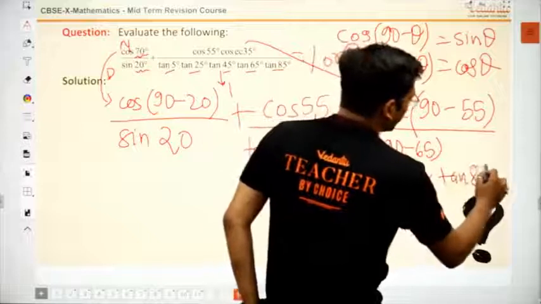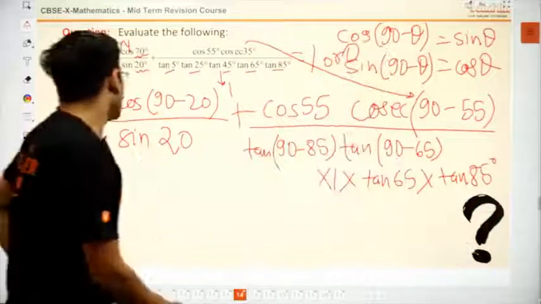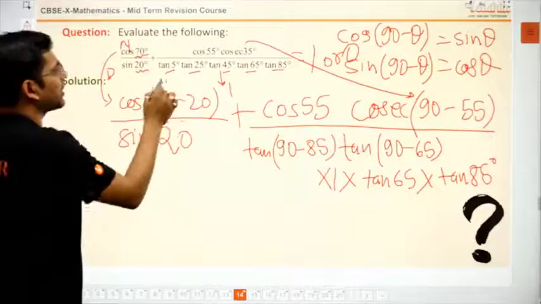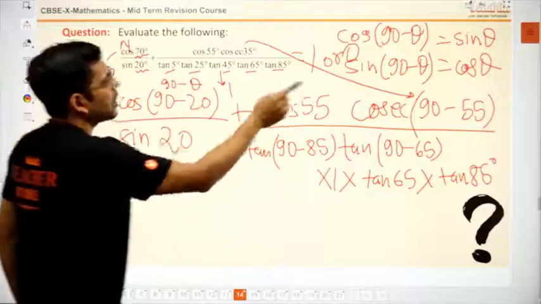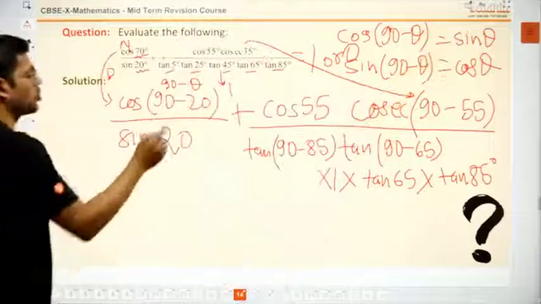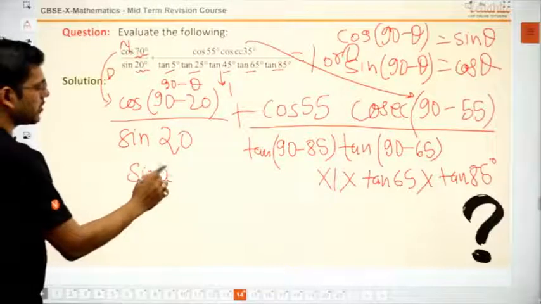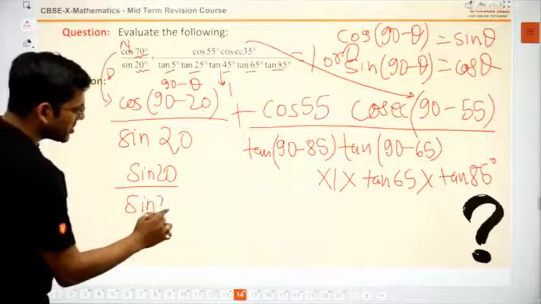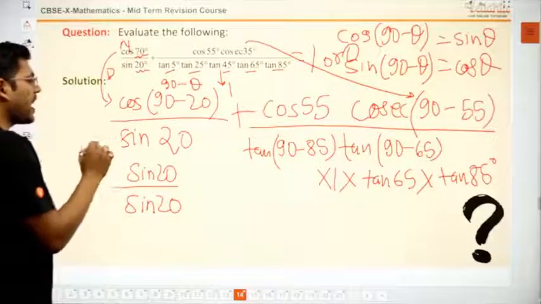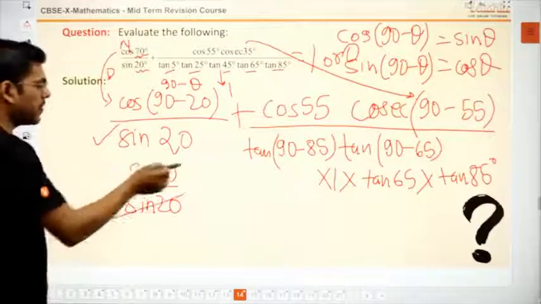Now see, cosec(90 minus theta) is sec theta, and sin(90 minus theta) is cos theta. So it will become sin 20 divided by sin 20. If you had changed this also, there would not have been a cancellation.